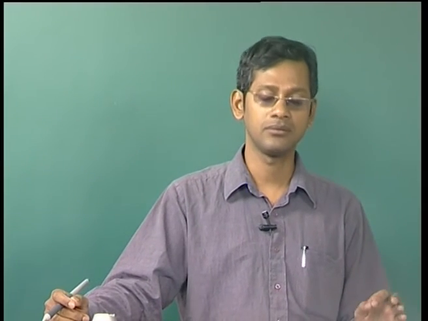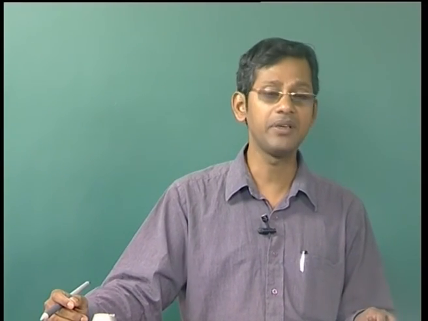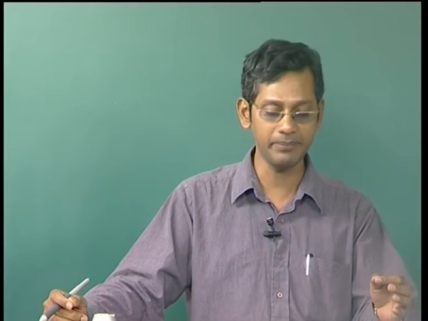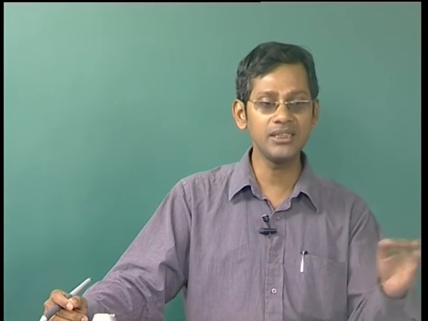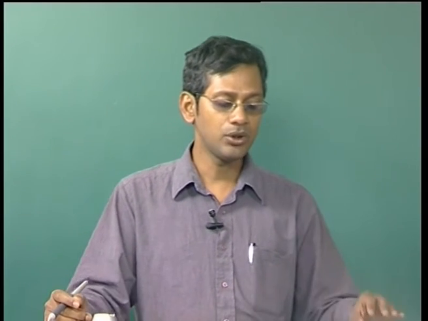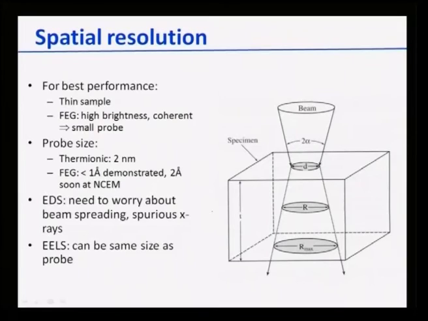We also need to have an electron gun of FEG type, that is the field emission gun, because field emission guns give you very high brightness and coherent beam, because the energy spread of the electrons in the field emission gun is very small. Also, because of high brightness, you can always have a small probe, and normally the FEG has a probe size nowadays of about 2 Angstrom. So we can actually obtain resolutions of that level.